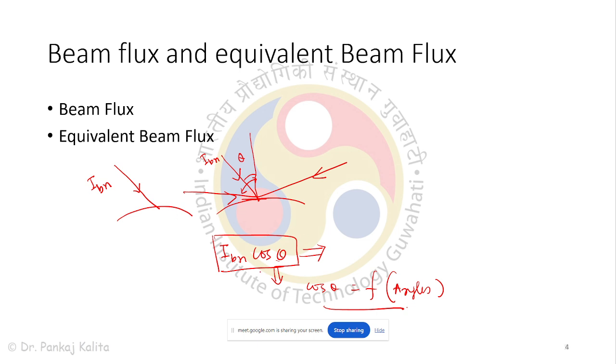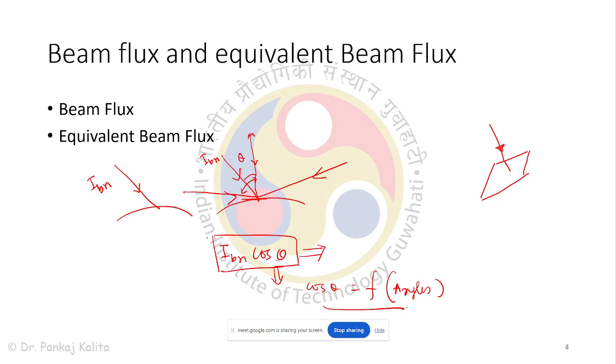Basically we are talking about the flux which is perpendicular to the surface. If any beam is coming at an angle theta with the normal to the surface, what we are going to measure is the component normal to the surface.